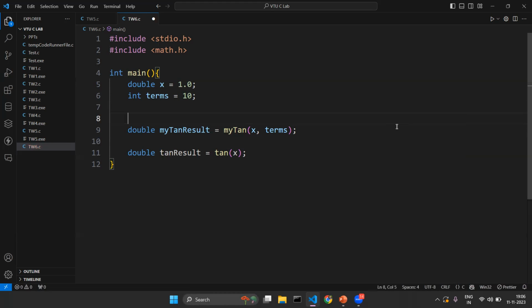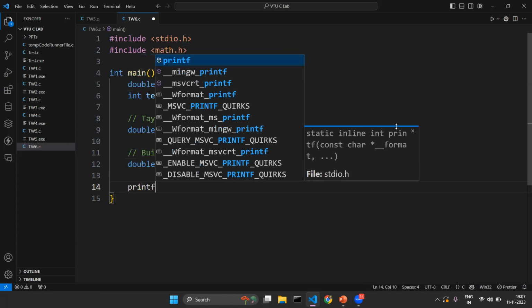I will add some comments over here so you can understand: Taylor series, and built-in result. So this tan result will give the built-in result, and my tan result will give the Taylor series approximation or Taylor series expansion.